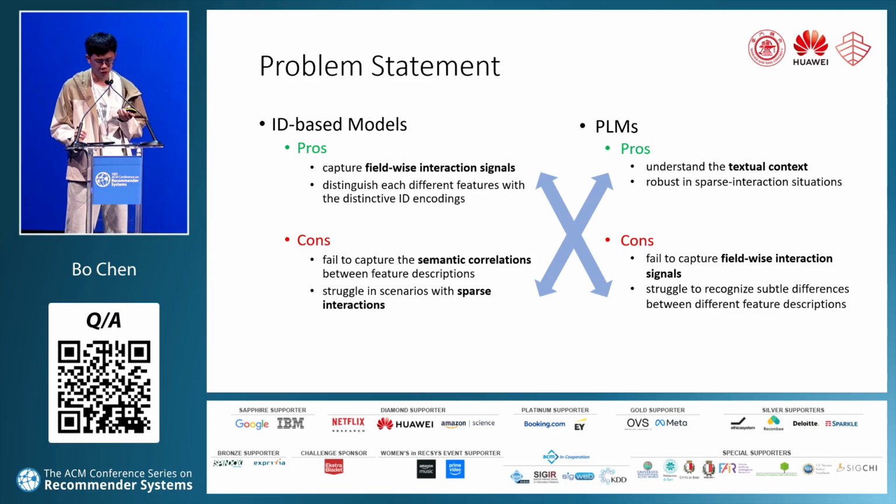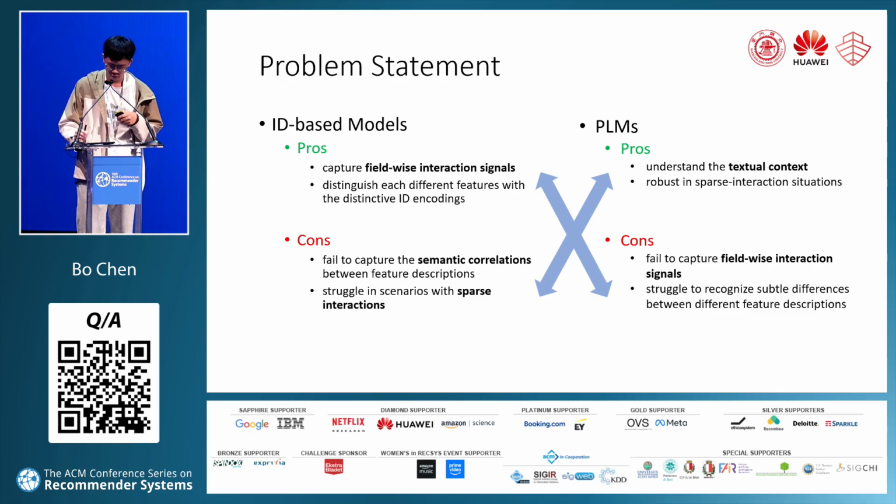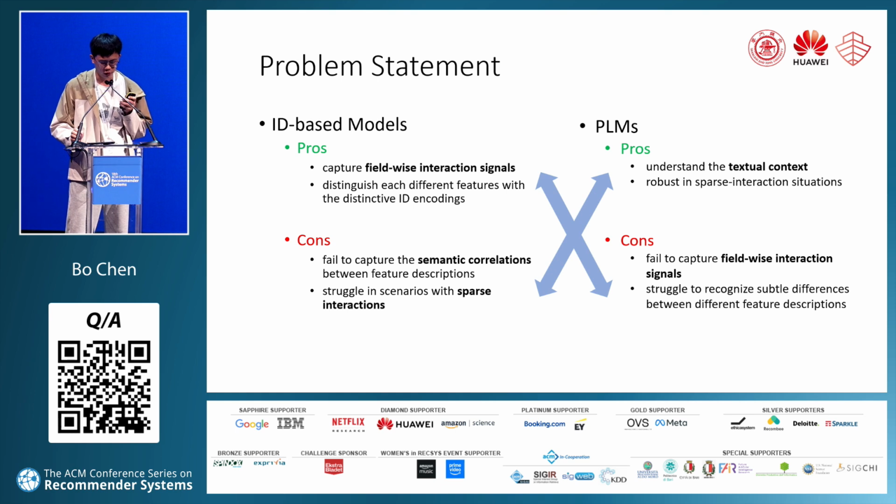However, the one-hot encoding discards the text information, so they fail to capture the semantic correlation between the features. In addition, the ID-based models rely heavily on the user interactions, and may struggle in scenarios with sparse interactions.